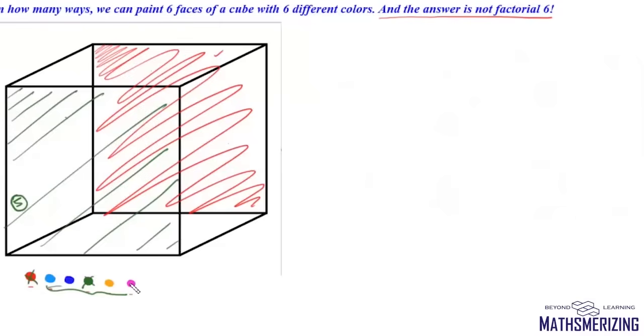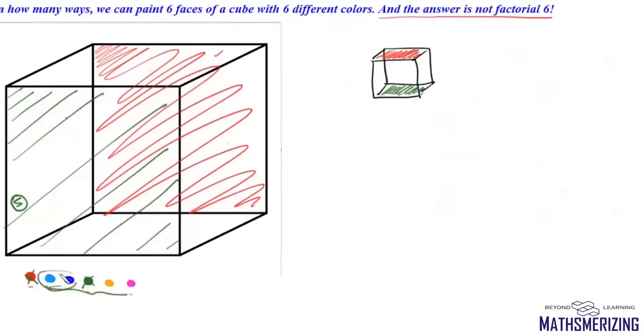Now what we'll do is rearrange the cube, and then the problem will look a little familiar. So I'll rearrange this cube. Say on the top face we have red color, and on the bottom face we have green color.